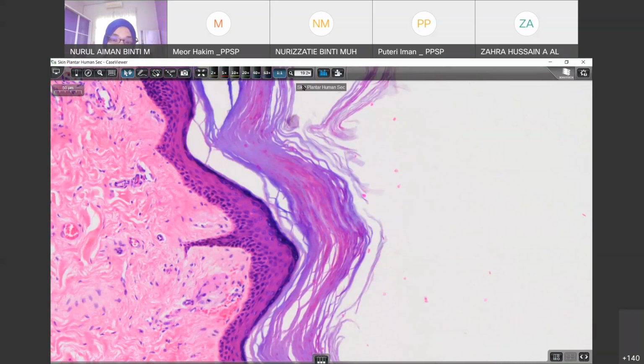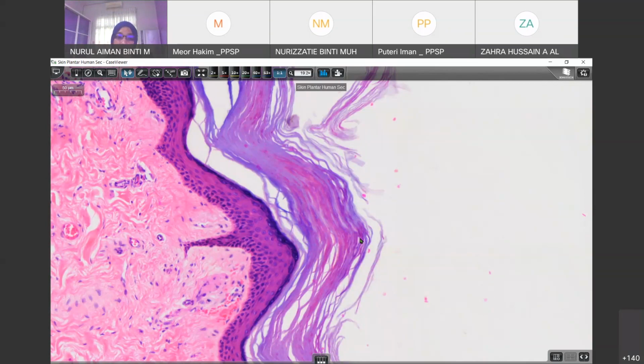This is the plantar skin of the human, on your foot area. In this area you still have keratin, but very small in amount, not as distinct.